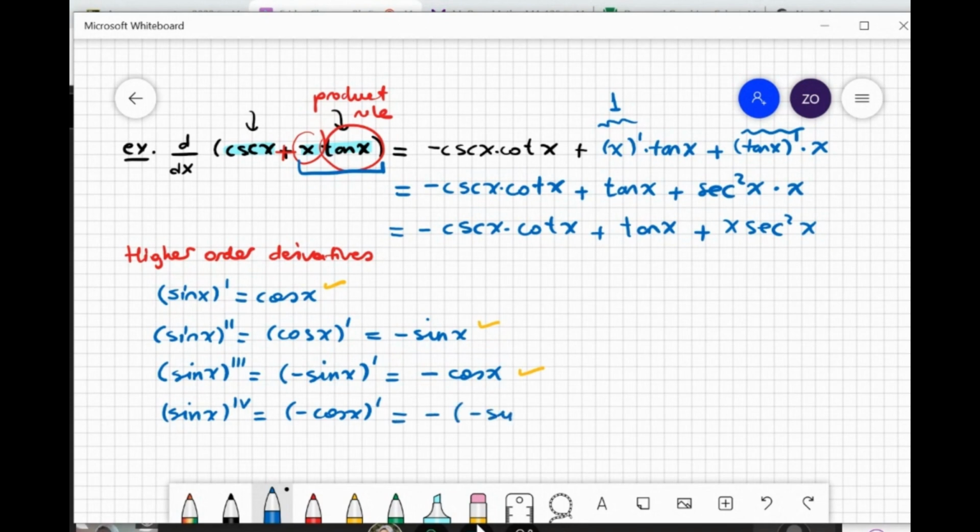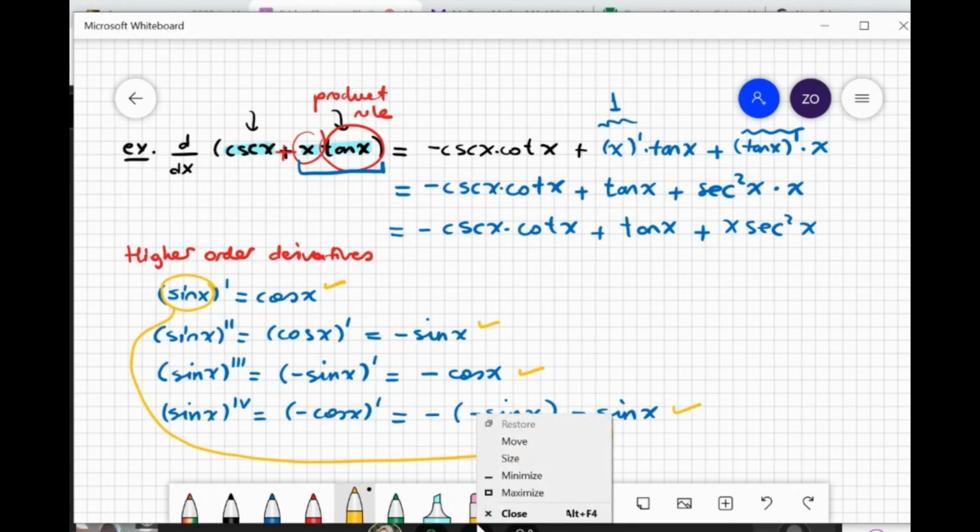Negative of negative sine x, right? Because the cosine derivative is negative sine, which is going to simplify to sine of x. So what happened is, in fact, we started with the sine function, and when we took its derivative 4 times, we ended with the function itself.